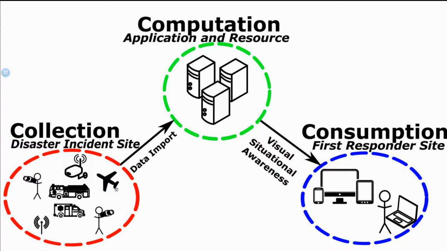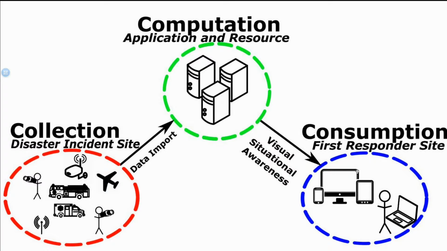Moreover, the idea of visual cloud computing is that on our collection side, we can do some small instance processing, for example, reducing the frame size or doing some contrast enhancement for the images, so that we can speed up the processing on our computation side.